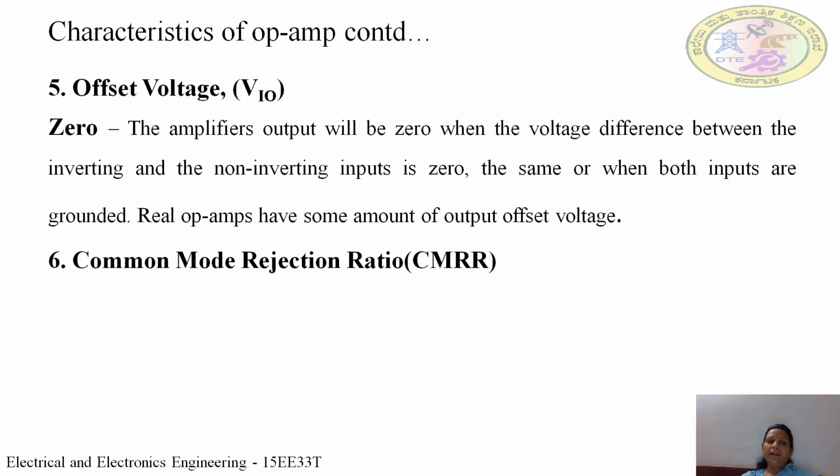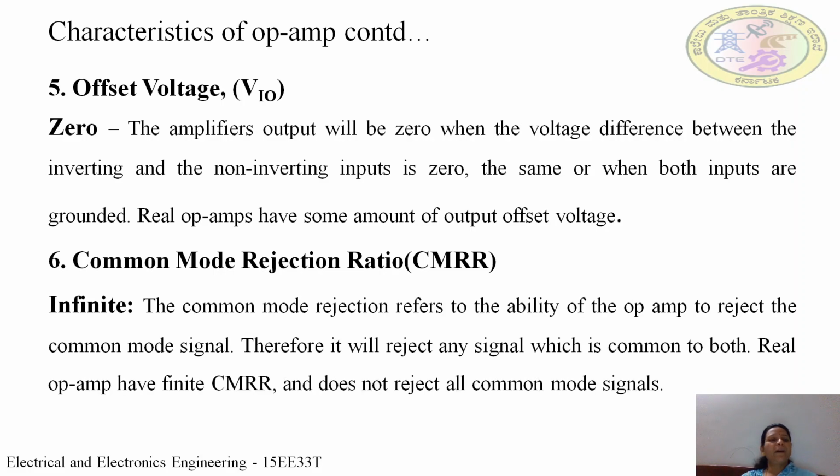An ideal operational amplifier would have a common mode rejection ratio of infinite. So our ideal operational amplifiers would have infinite common mode rejection ratio, that is, they reject common signals infinitely.